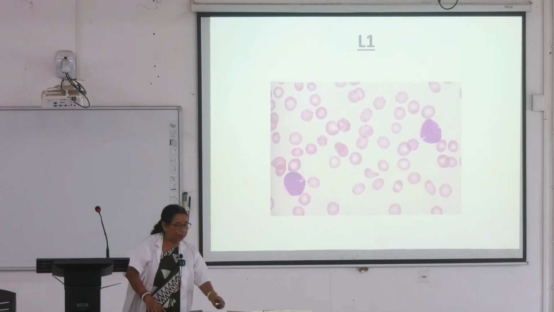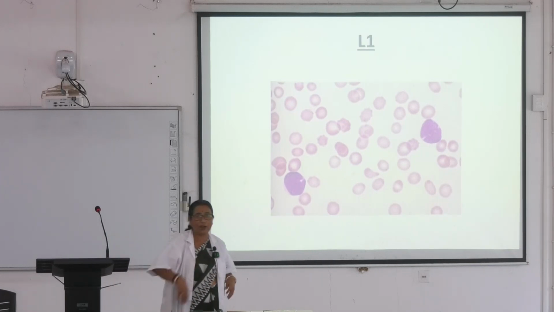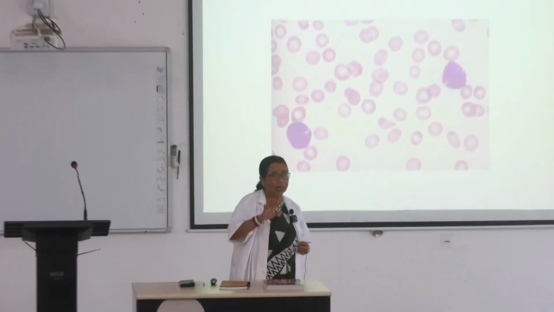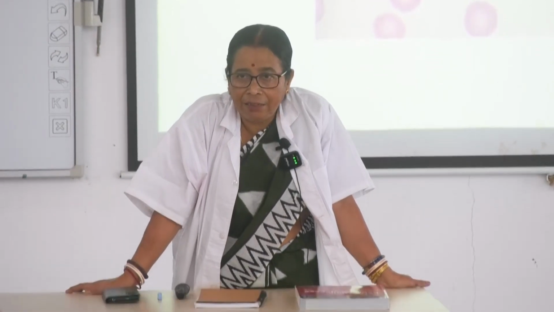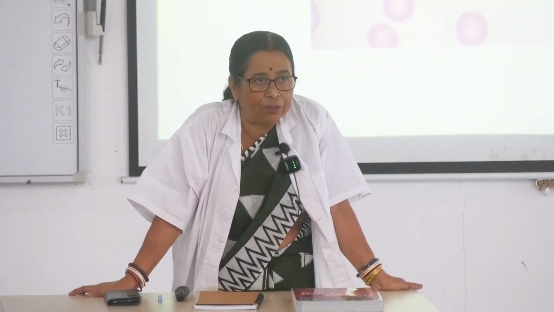Now, acute leukemia is over. How can you diagnose acute leukemia? They will give you a complaint, so clinical features are important. Acute lymphoid leukemia occurs in children 1 to 10 years, usually 1 to 5 years common, maximum 10.